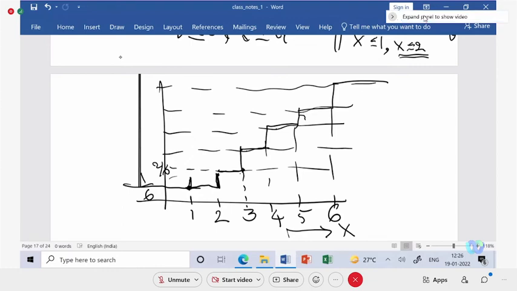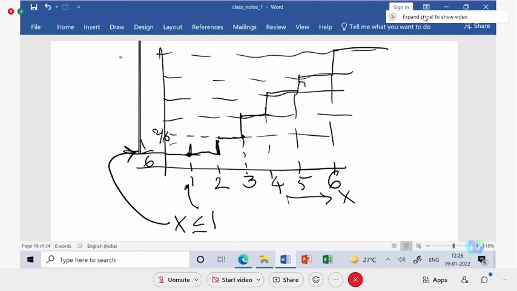Whenever the random variable takes a value less than or equal to 1, that is indicated by 1 by 6. This 2 by 6 is nothing but the random variable taking a value less than or equal to 2. 3 by 6 is the random variable taking a value less than or equal to 3. Like this, what is this final value? The random variable taking a value less than or equal to 6.